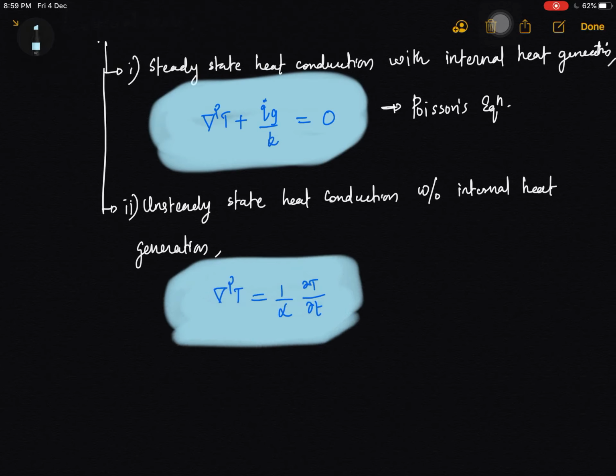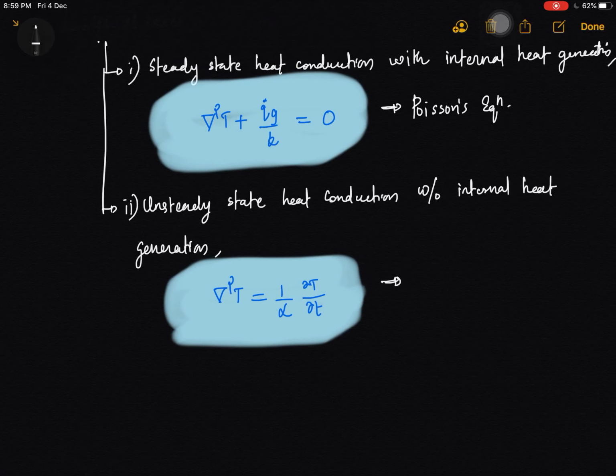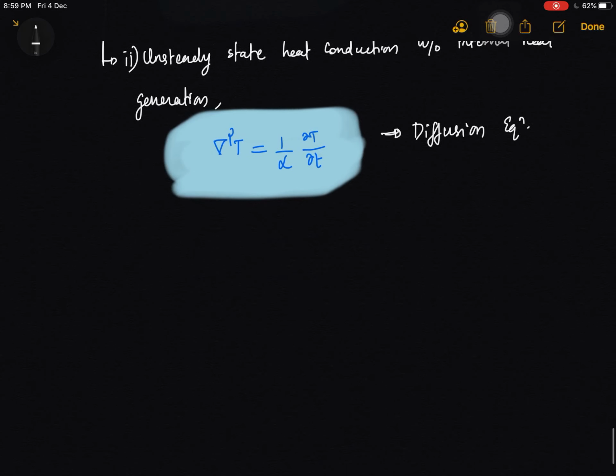So this equation is called the famous diffusion equation.